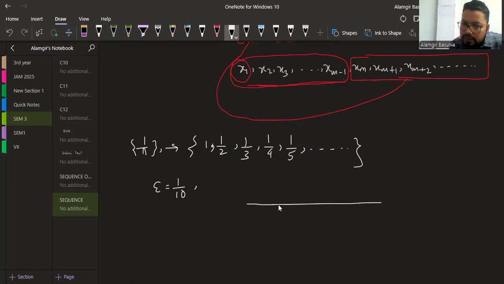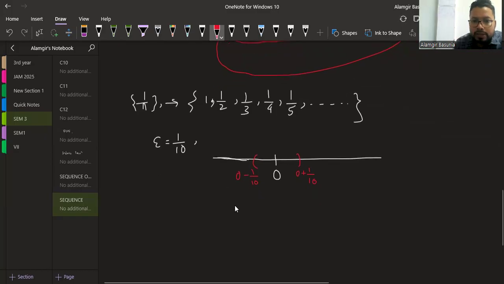Now, if the limit exists, then that limit will definitely be 0. So 0 is our L here. Then 0 minus epsilon is minus 1 by 10, and 0 plus epsilon is 1 by 10.